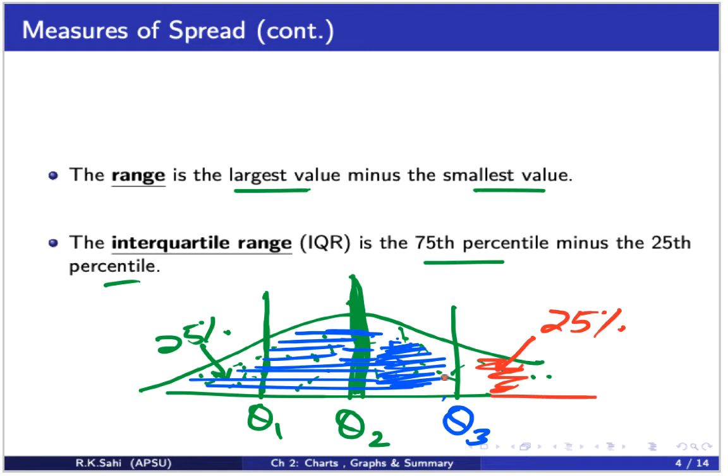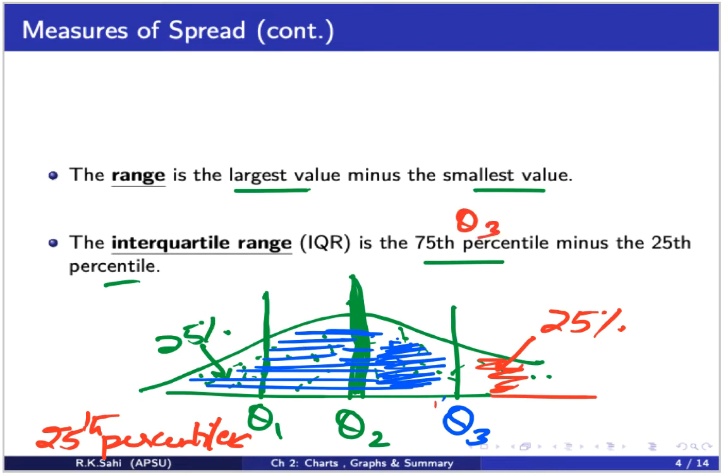Okay. Now, for the interquartile range, we're basically looking at the 75th percentile, that is Q3, minus Q1, the 25th percentile. Q3 is my 75th percentile.